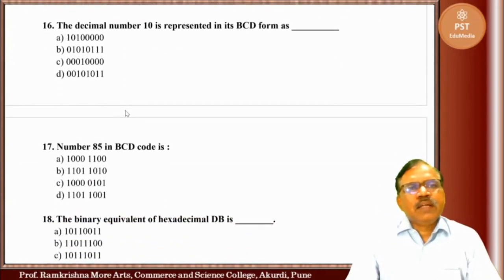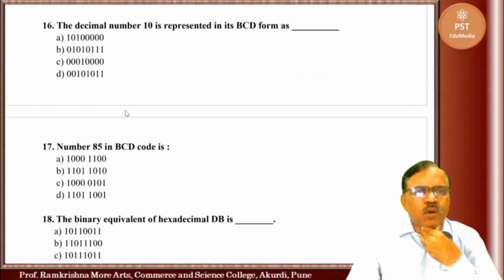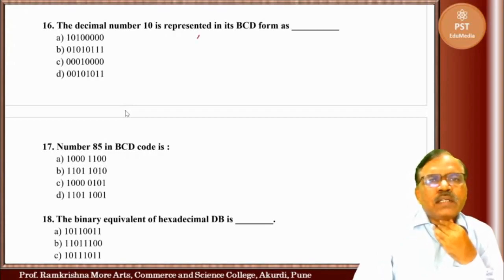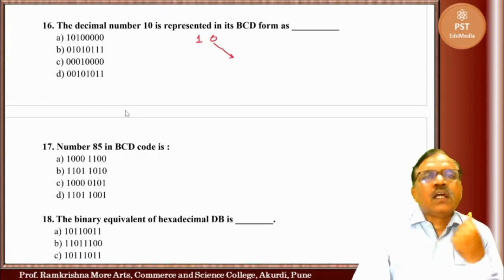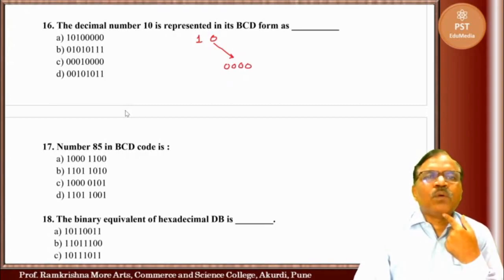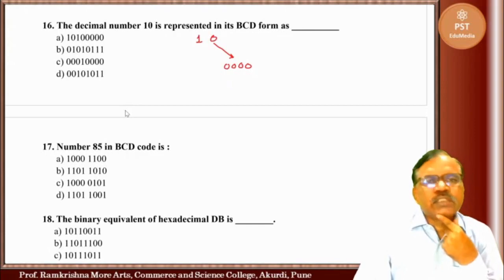Now the decimal number 10 is represented in BCD form as: the 4-bit binary for 1 is 0001, and for 0 it is 0000.